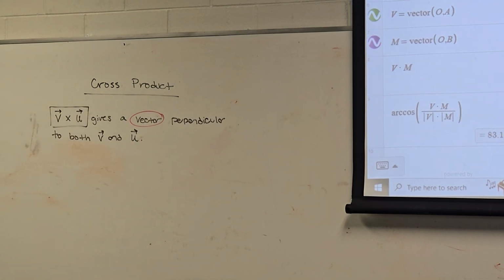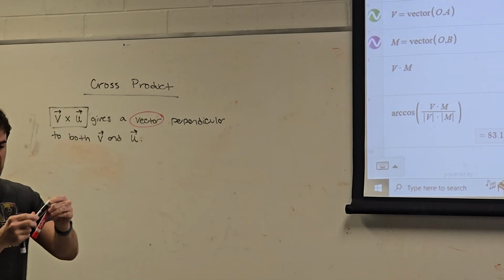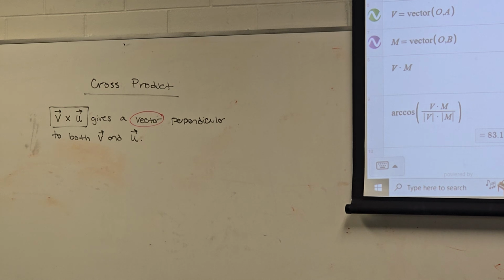So I'm going to put my two markers out. Any two vectors that you give me, with any kind of angle, any way that you want to put the two vectors, this cross product is going to give you a third vector that is perpendicular to the two of them. Now you might be saying, well, hang on, what if I wanted this vector, which was also perpendicular?